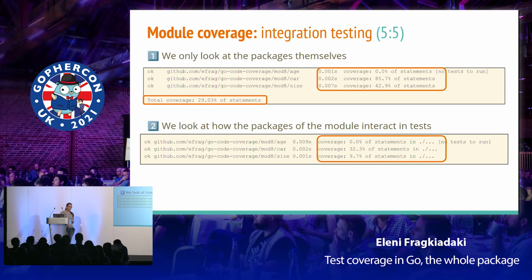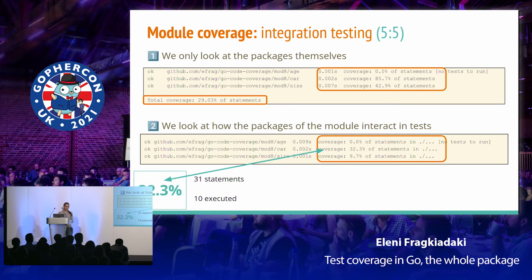And if we look at how the packages interact with each other, now the numbers have changed as well. So age is still 0%. The car has gone down, so 32.3% of the total statements inside module 8 are actually tested by car, and the size only tests 9.7% of the overall statements in module 8. Cool.